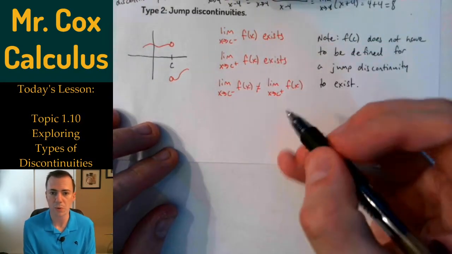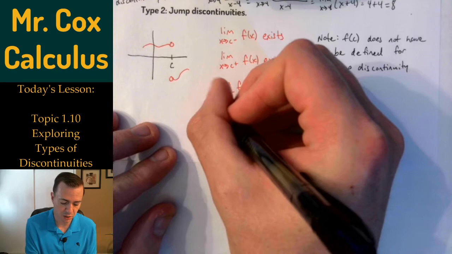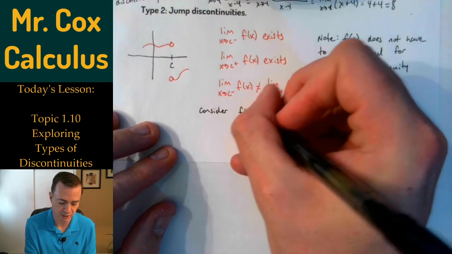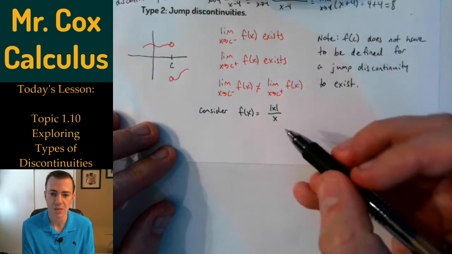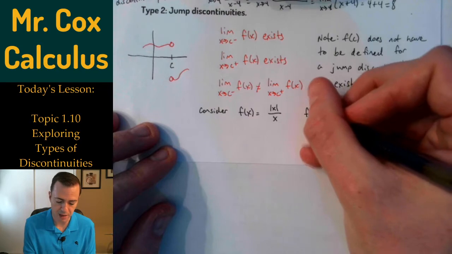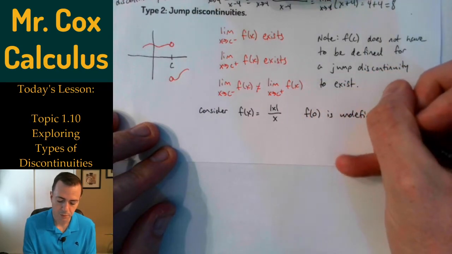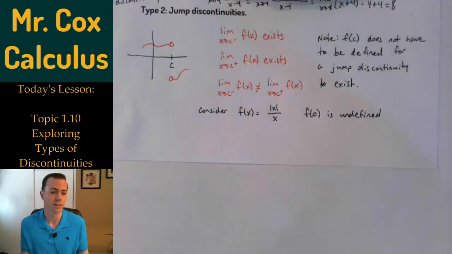So, a function where we can say that there's a jump discontinuity, a function we looked at earlier in Unit 1: consider the function f of x equal to the absolute value of x divided by x. We can say right off the bat that f of 0 is undefined, and in fact that will tell us there's a discontinuity. The question is what type?